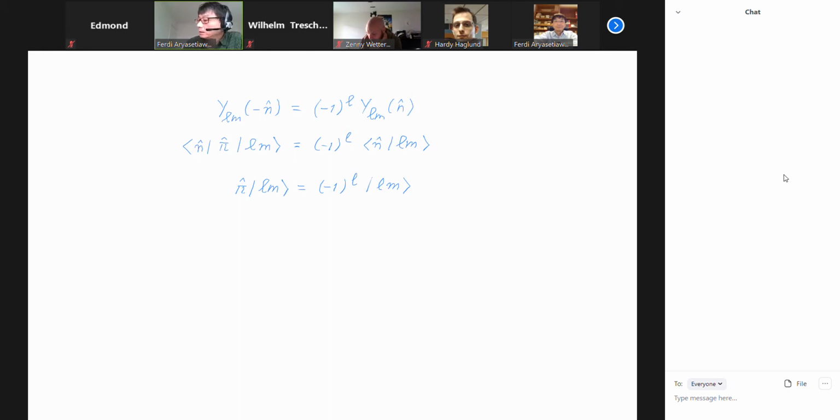Now there is a theorem related to symmetry under inversion. So we have a Hamiltonian which commutes with the parity operator.